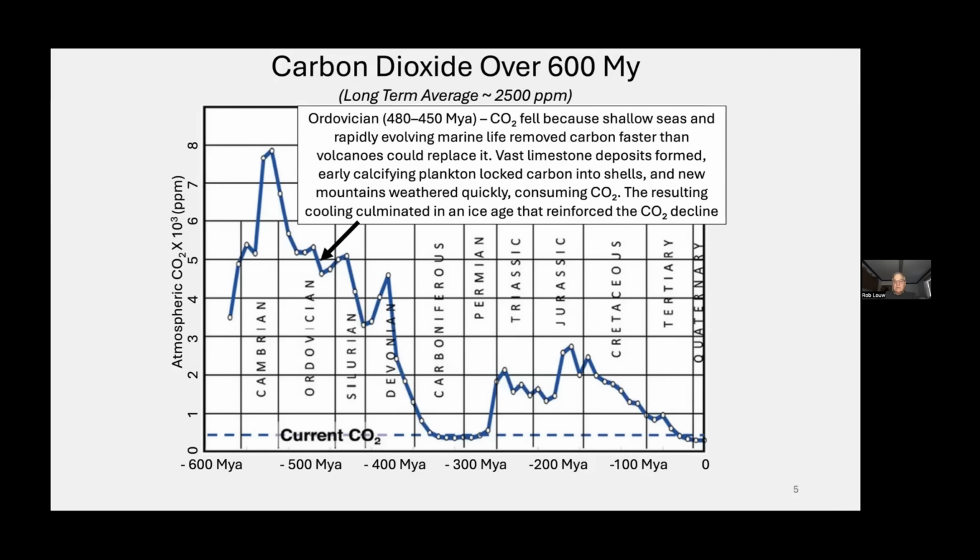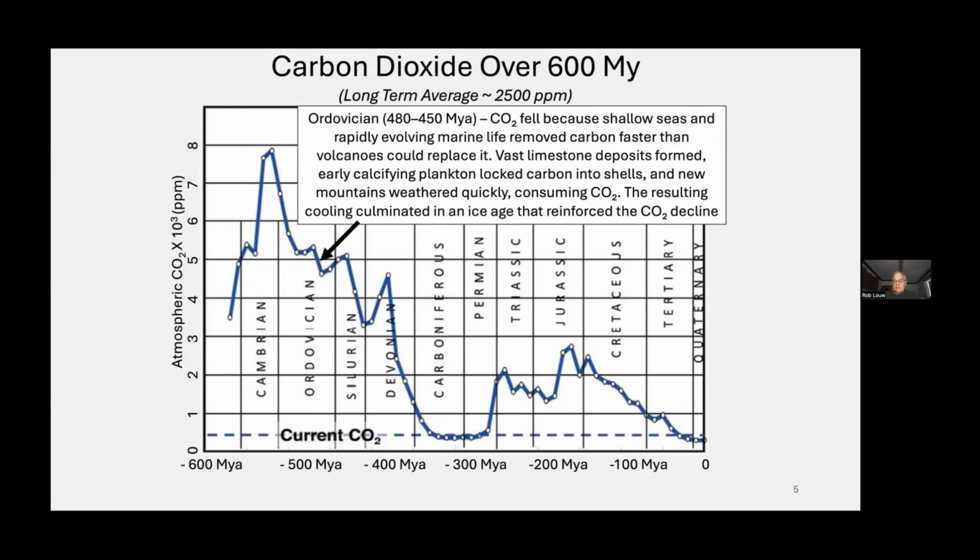This was then followed by the Ordovician period, where carbon dioxide started to fall because shallow seas and rapidly evolving marine life removed carbon faster than volcanoes at the time could replace it. And so remember, the Earth was a very volcanic entity during that time.